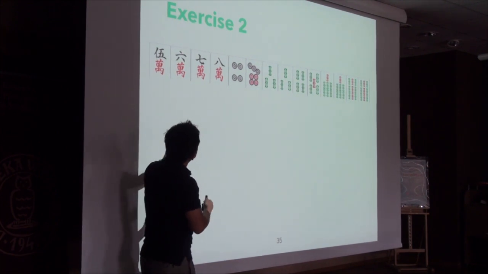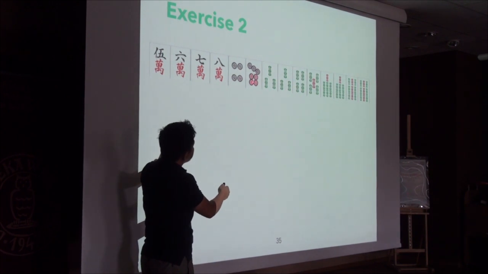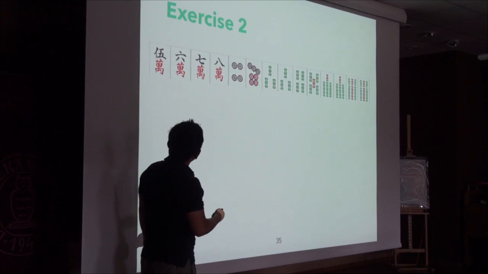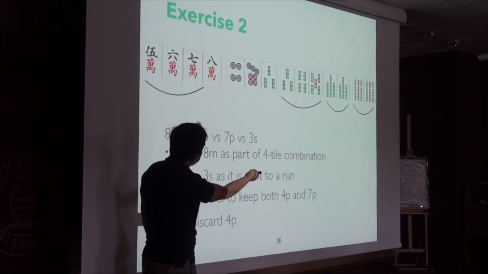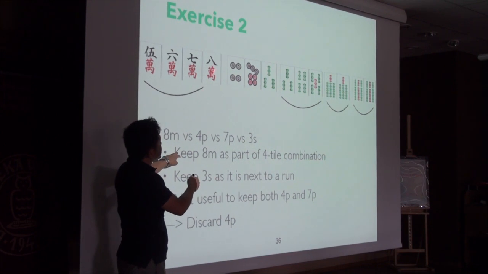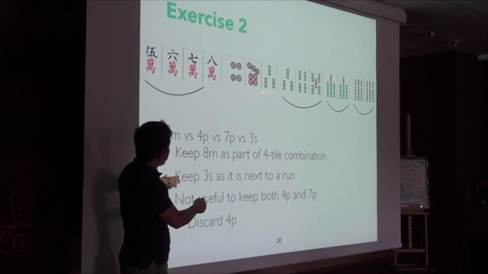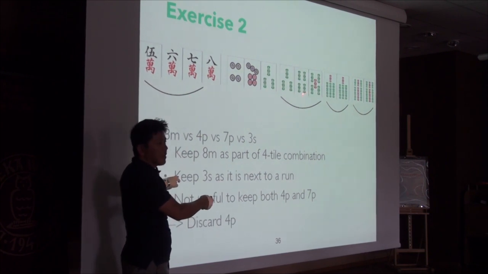So the floating tiles are 8, and 7, and 3, right? So we're going to keep 8 because it is a part of a 4-tile combination, right? We're going to keep 3 because it's next to a run, 1 rank up.